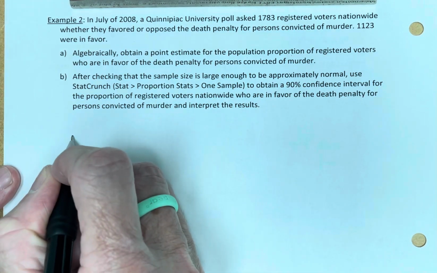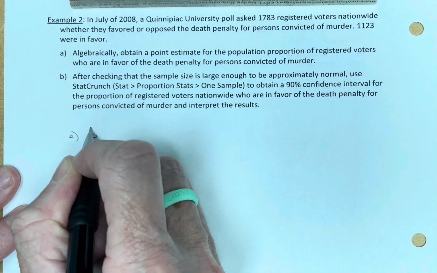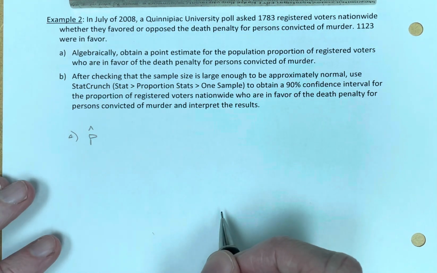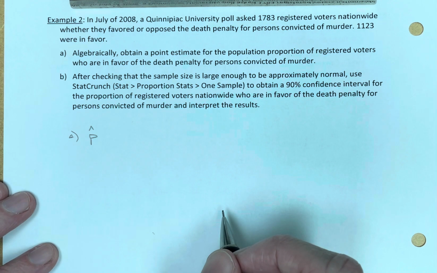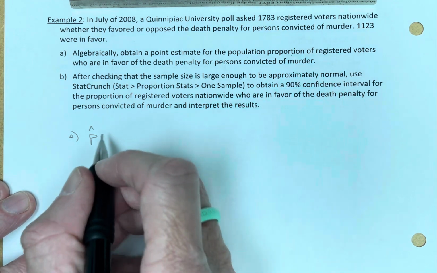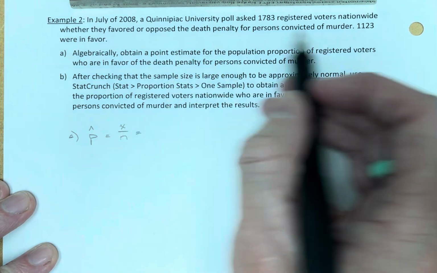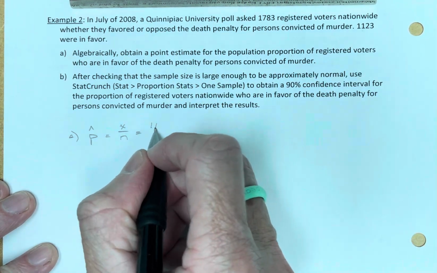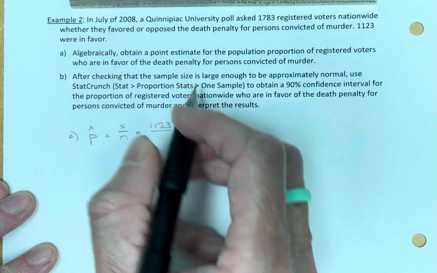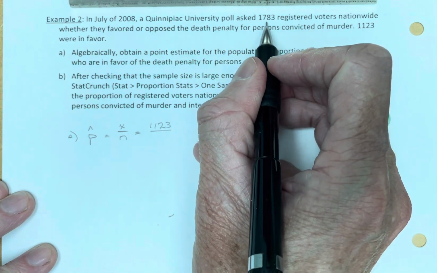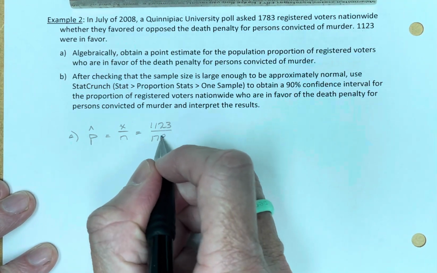Okay, letter A. P hat, that is our sample proportion, is the point estimate for our population proportion. P hat is X over N. Well, the ones in favor, 1,123. The total sample size, 1,783.